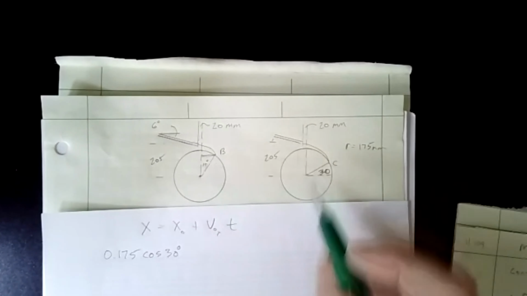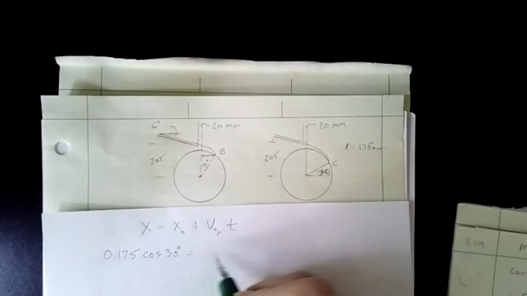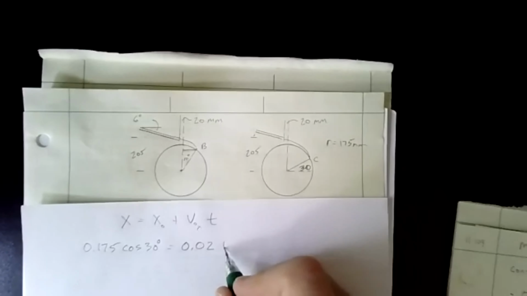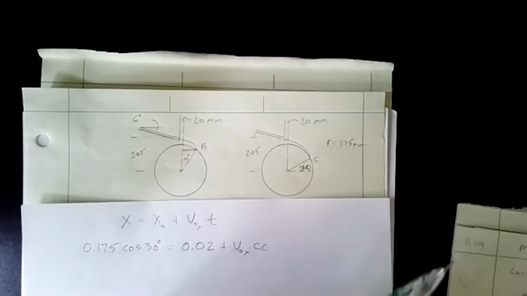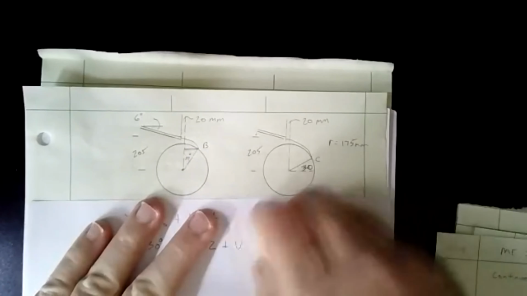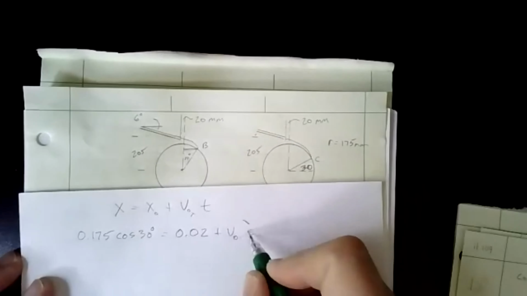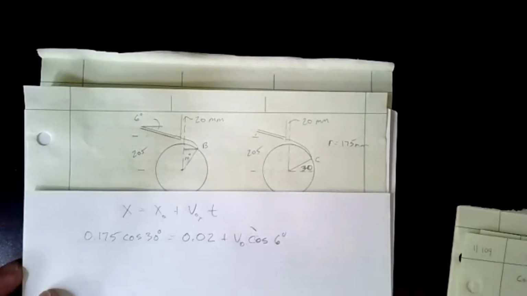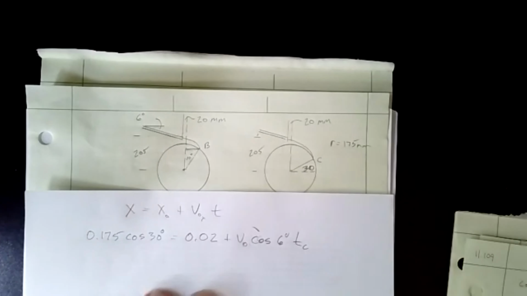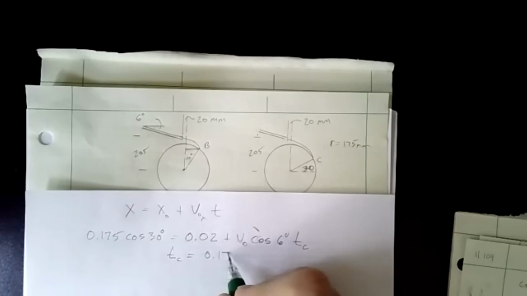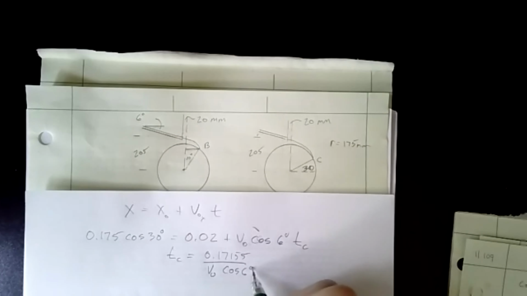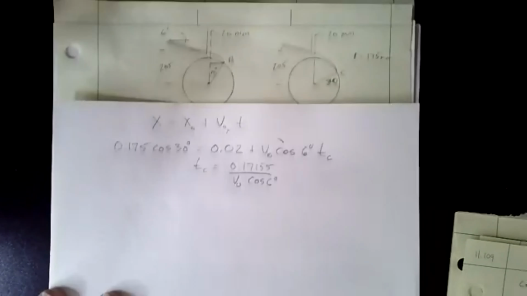So that's going to equal its initial location, 0.02 meters, and then plus V naught, which is cosine 6 degrees, times the time to get to C, or TC. So then again, TC is equal to 0.17155 over V naught cosine 6 degrees.